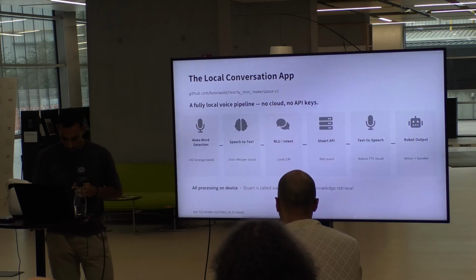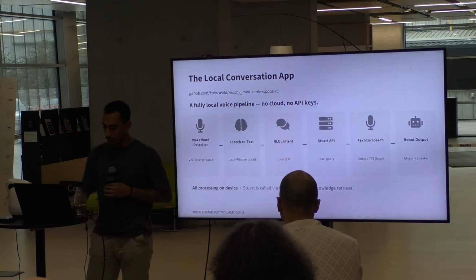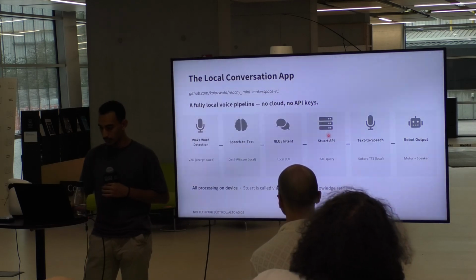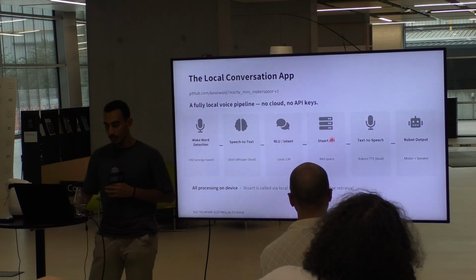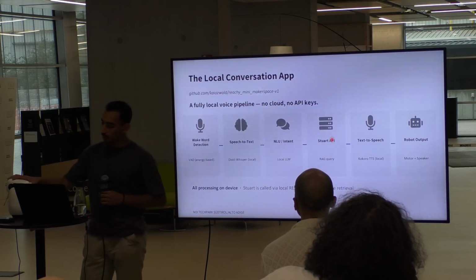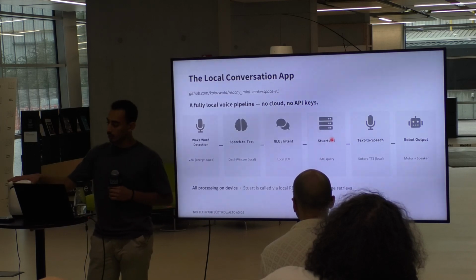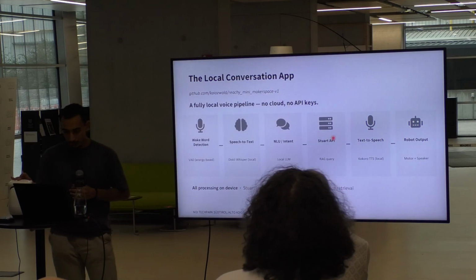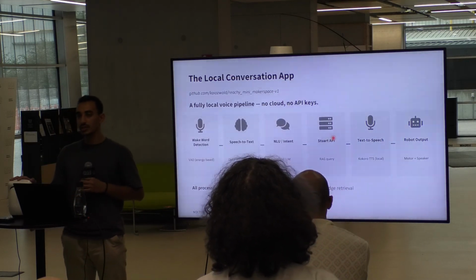So back to our pipeline that we had before. At first here we had the Stuart, where we ask a question and get the answer. We need to implement a new tool inside this workflow. So Reachy is now going to talk with the user and listen to the user.